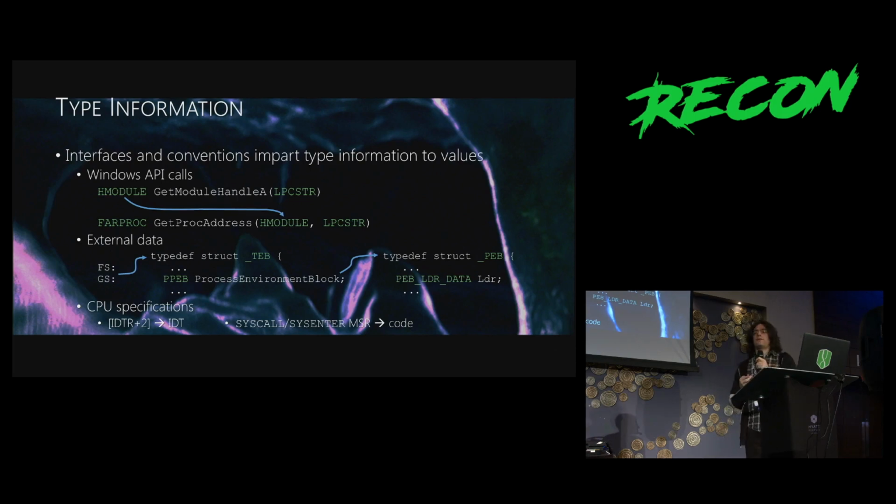One of the other ones that is interesting is that in 32/64-bit, you have the FS and GS registers that will give you a pointer to the TEB, which you can walk to the PEB, and walk to the loader data list, which is an alternate way of getting to module handles. So you can call GetModuleHandleA and GetProcAddress, or you can get a module handle eventually through the loader list. And there are CPU-defined interfaces that give you well-known structures as well.